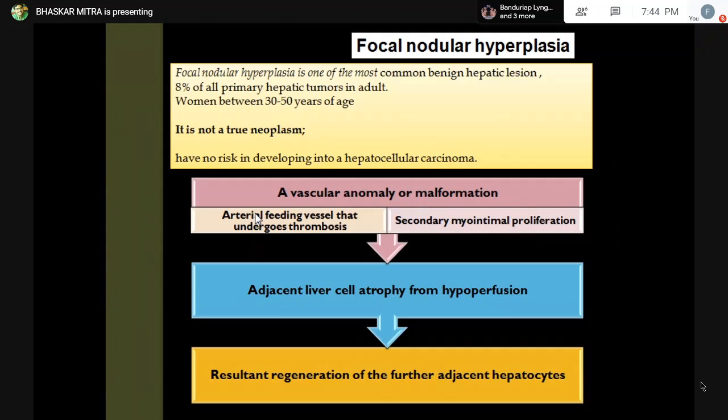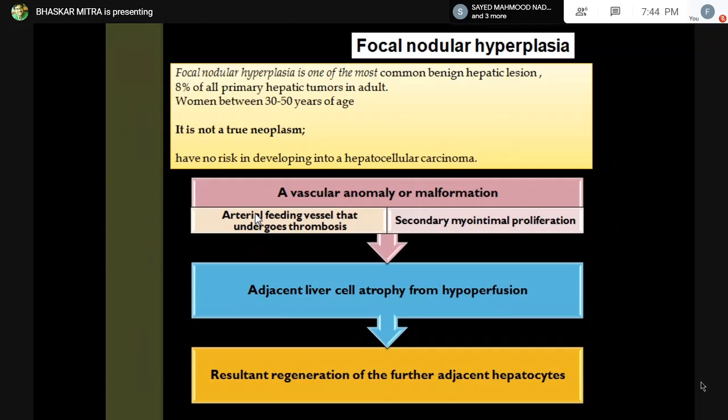It usually occurs in women in the adult age group of 30 to 50 years. Now this is not a true neoplasm, as the name states, it's a focal nodular hyperplasia. So there is a proliferation of the hepatocytes, but it is not a true neoplasm, and therefore it has at least no risk of developing into hepatocellular carcinoma.